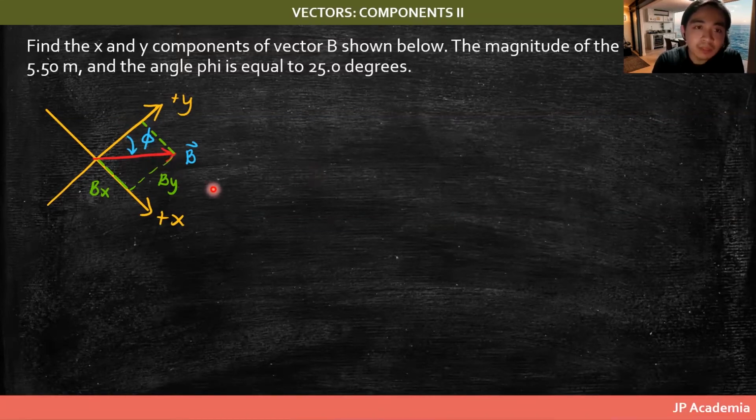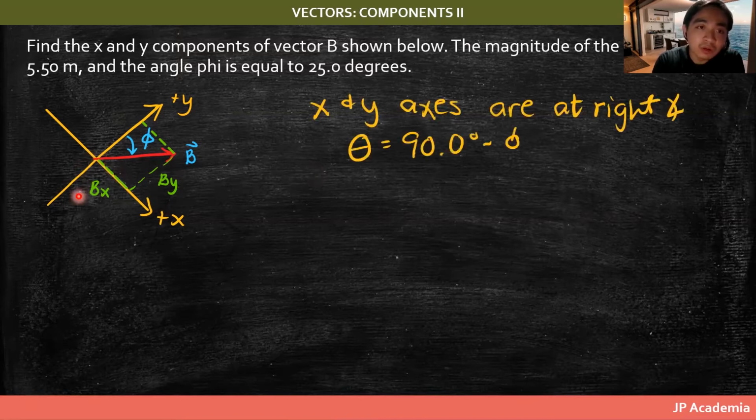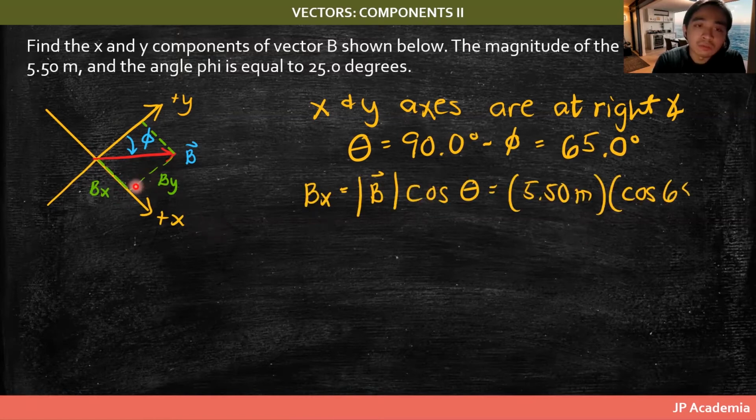So, kapag ganitong problem, this refers pa rin naman to your x component, yung along the x-axis, then yung along the vertical or B sub y, that refers to the y component of your vector B. Now, for this case, given na yung x and y axis natin ay right angle naman, we can get theta, which refers to the angle relative to the positive x-axis, para same formula pa rin yung gagamitin natin na ginamit natin previously. So, para mag-work pa rin yun, kunin natin yung theta.